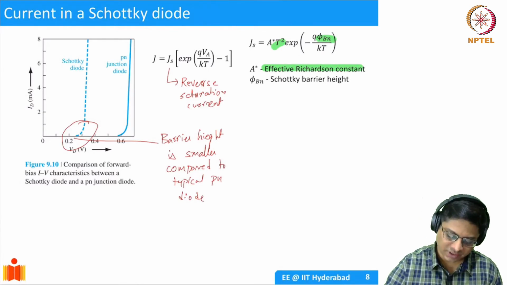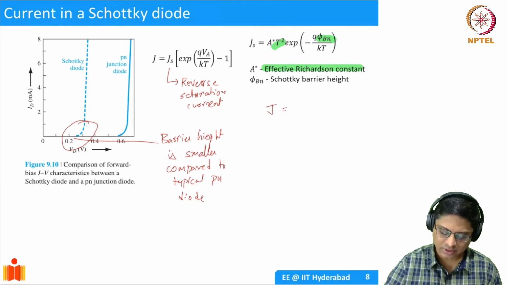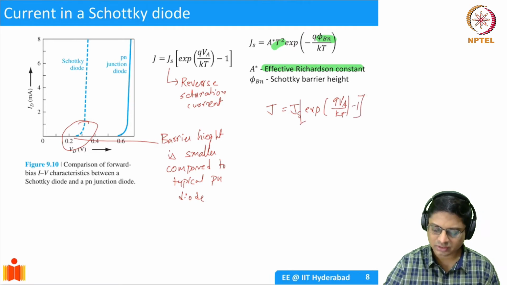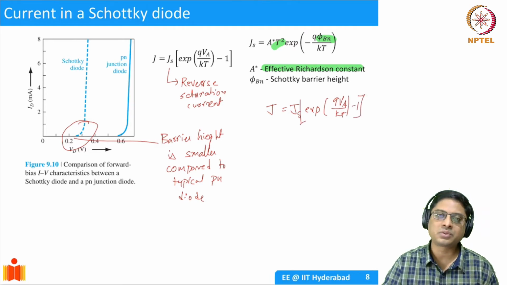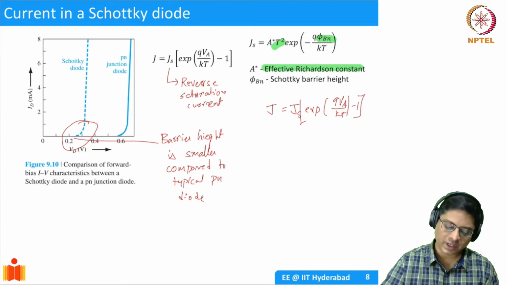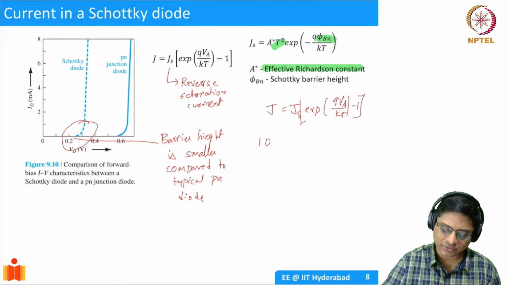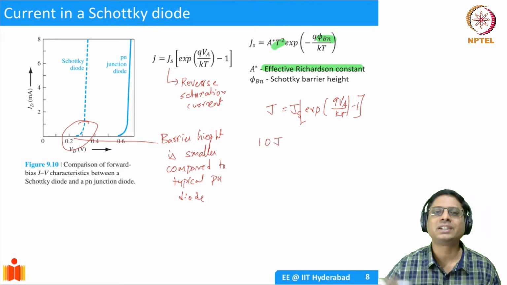The current is basically J equals Js times exponential qV by kT minus 1, right? So this is your current. Now, how much voltage is required to make the current 10 times J? I want to increase the current by 10 times.